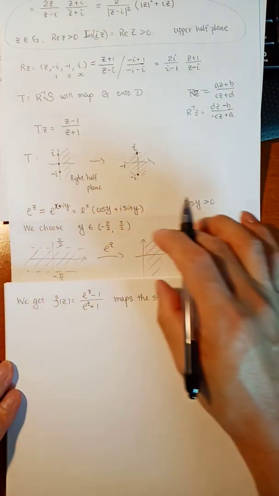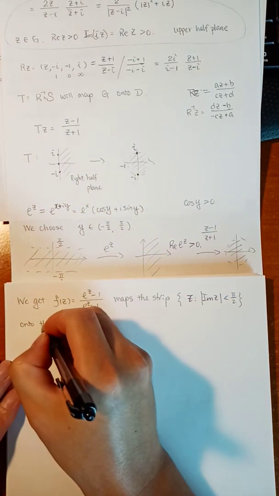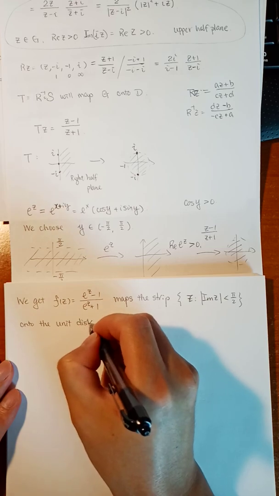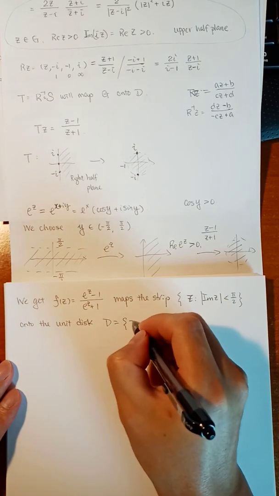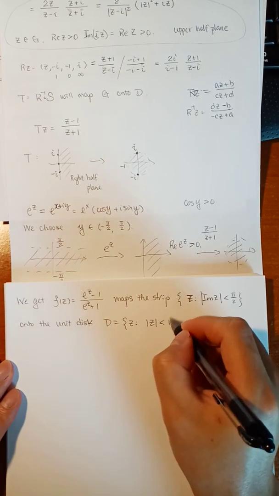This horizontal strip is mapped onto the unit disk D, which is the modulus of z less than 1.